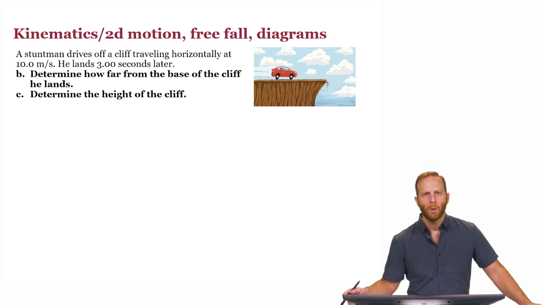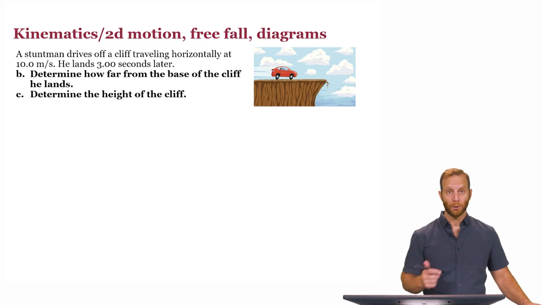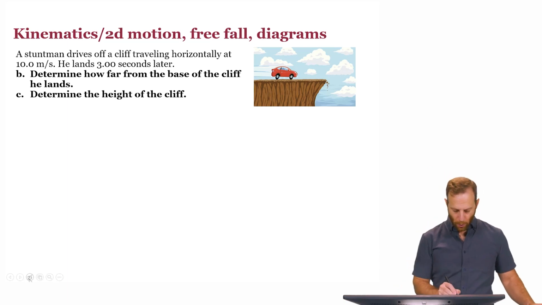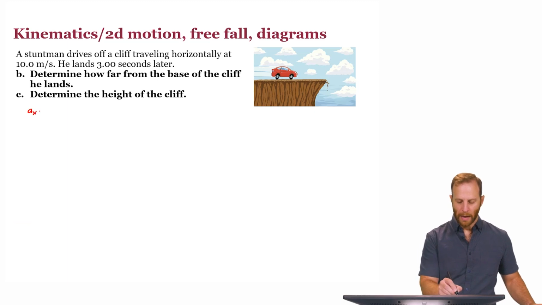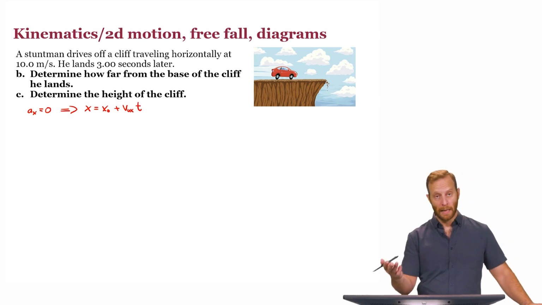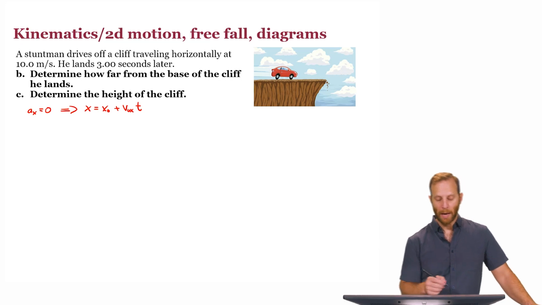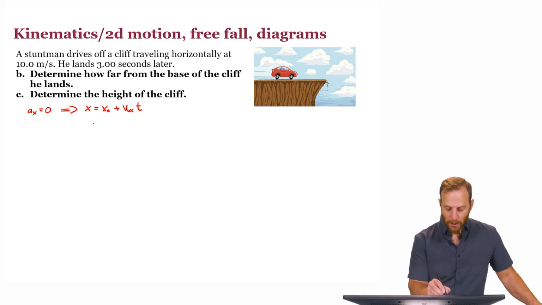Okay. We wanted to determine how far from the base of the cliff the car lands, and we'll also determine the height of the cliff. What we've just established is that because the x acceleration is 0, the x position is just x naught plus v naught x t. That last term is 0 because there's no acceleration. Because we're interested in what happens at 3 seconds, we can put in the initial position.